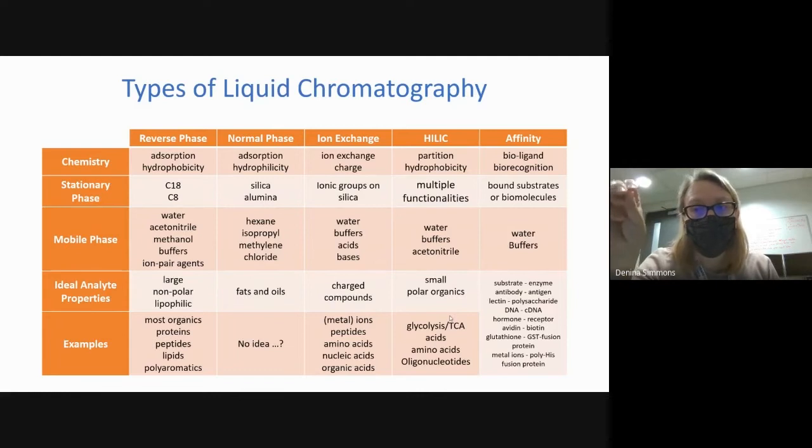So you can do substrate enzyme interactions, antibody antigen, lectin polysaccharides, DNA, cDNA, hormones, receptors, avidin, biotin, glutathione and GST fusion proteins, metal ions, and polyHis fusion proteins. So this is really great for biomolecules as well, but you usually have to really understand what you're looking for. And then this would be for purifying and really getting what you want in a complex mixture.